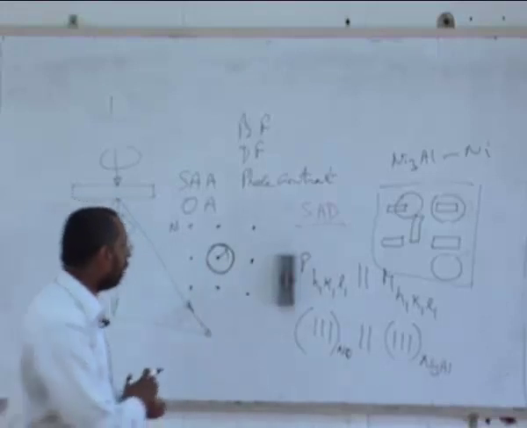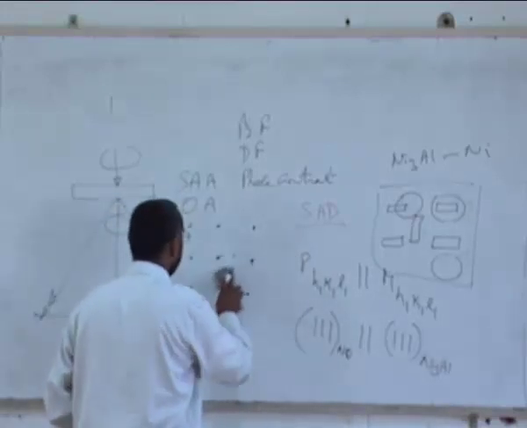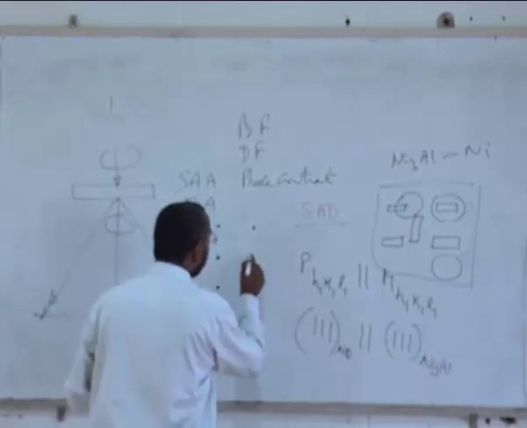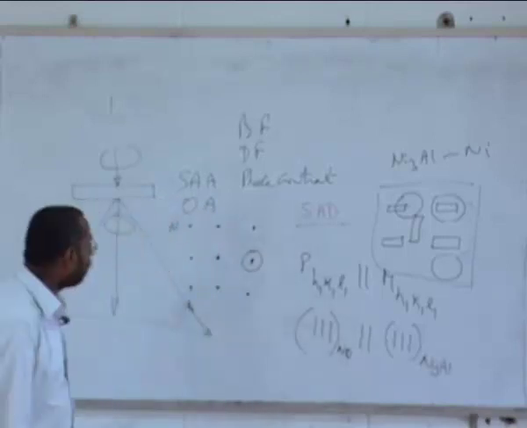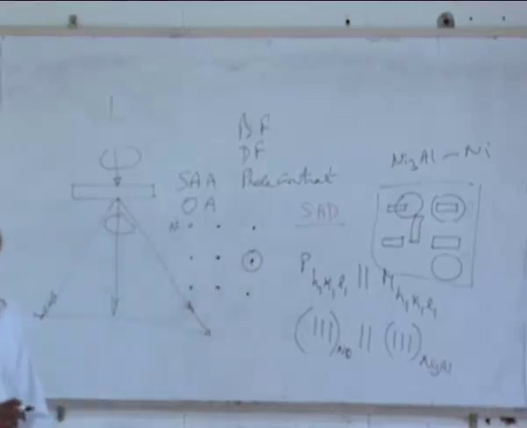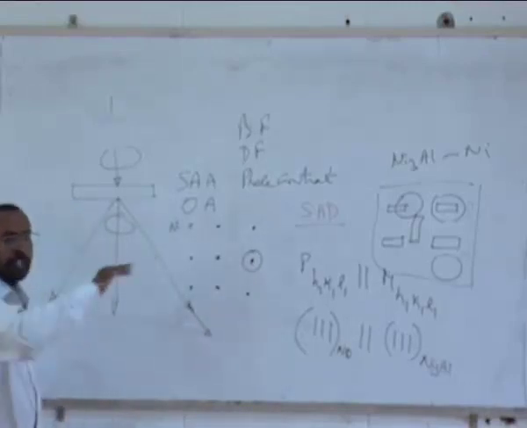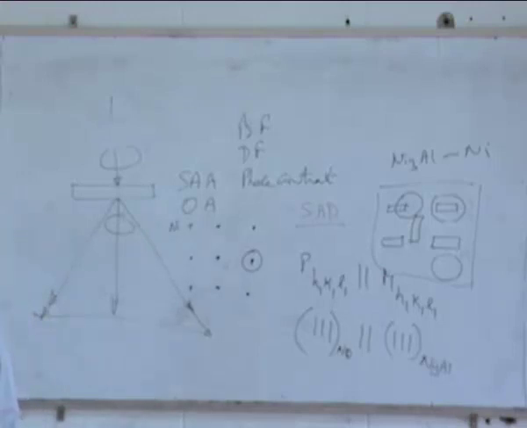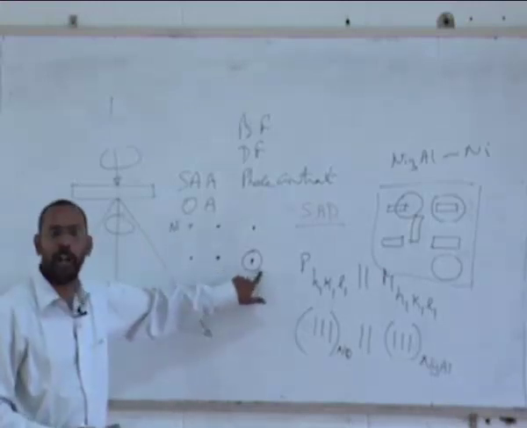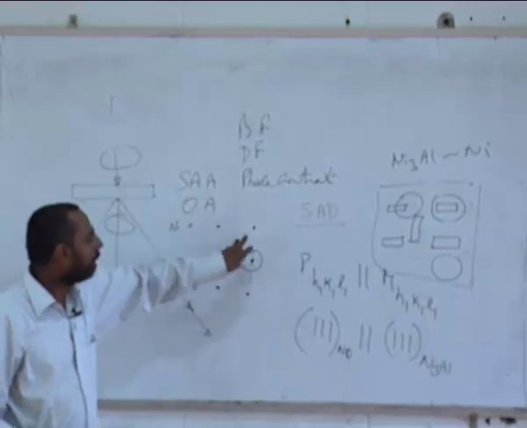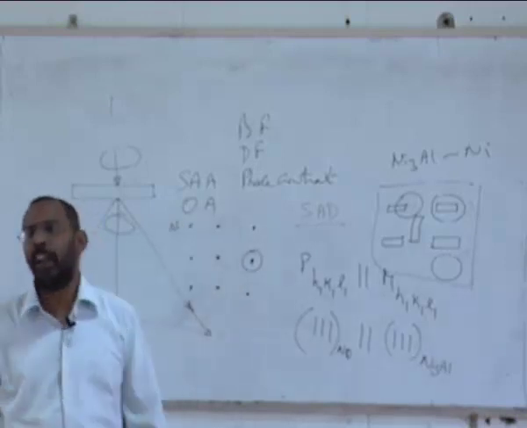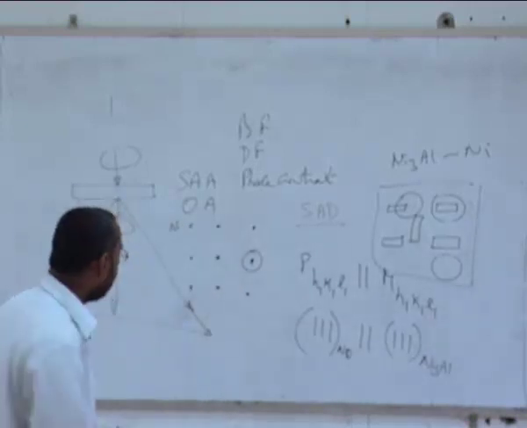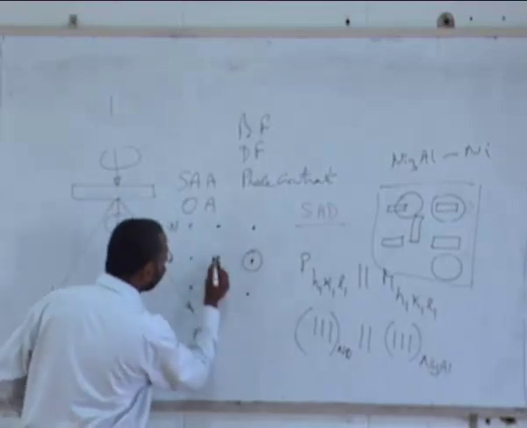Instead of doing this, if I can select any one of these diffracted spots and put my objective aperture there, there are two ways of doing that. One is I can move the objective aperture and bring it to that diffracted spot and get the image from the diffracted spot.